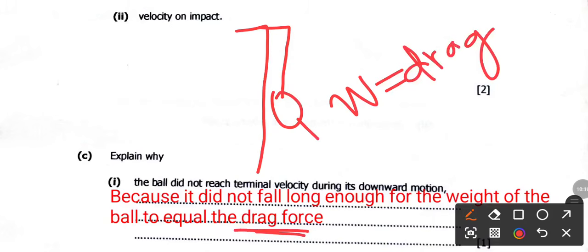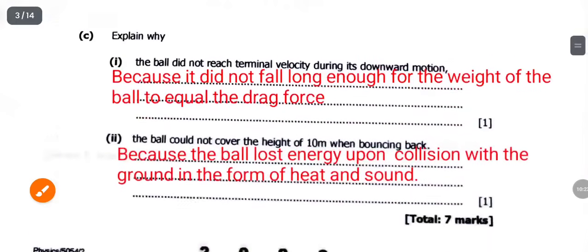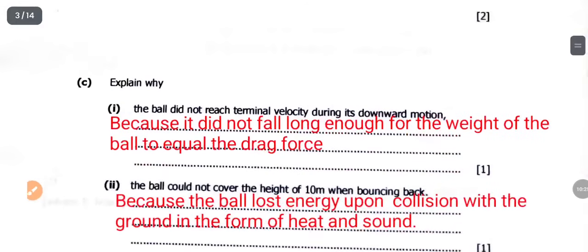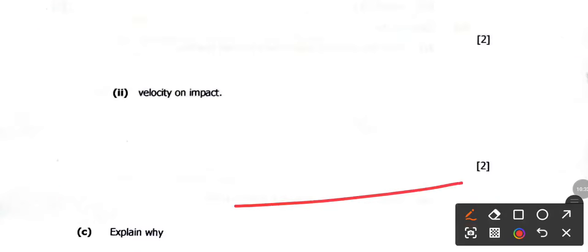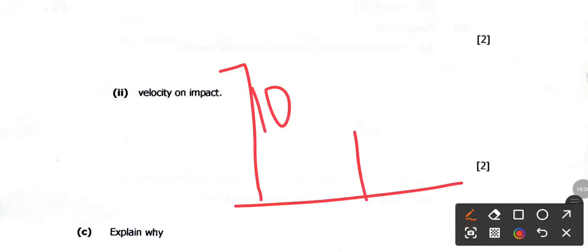However, we are told that the ball did not reach terminal velocity during its motion. So this is probably because the ball did not fall long enough for the weight of the ball to equal the drag force. Okay. Question B. The ball could not cover the height of 10 meters when bouncing back. So this is very simple. The reason why the ball could not cover the initial height of 10 meters, but rather it covered a height of 6 meters, is that it lost energy.